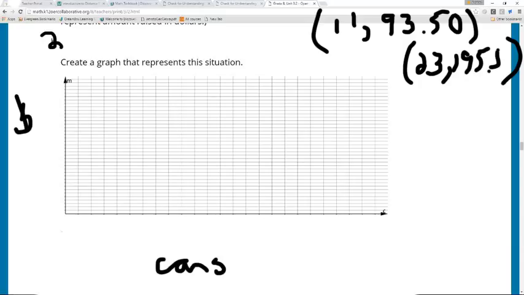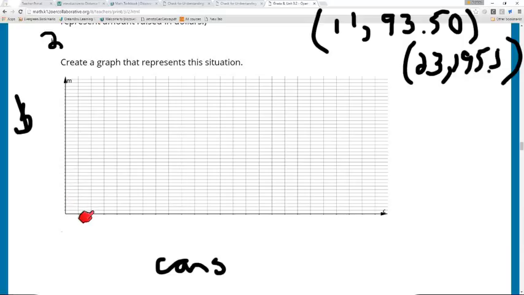The highest number of cars goes to 23, so I'm going to try to number, I don't know if I have 23 spaces here. I'm going to see really fast. 1, 2, 3, 4, 5, 6, 7, 8, 9, 10, 11, 12, 13, 14, 15, 16, 17, 18, 19, 20, 21, 22, 23. So I'm going to number by ones.